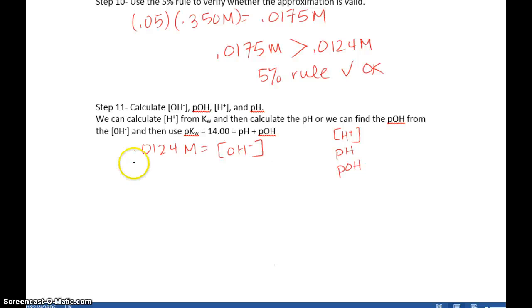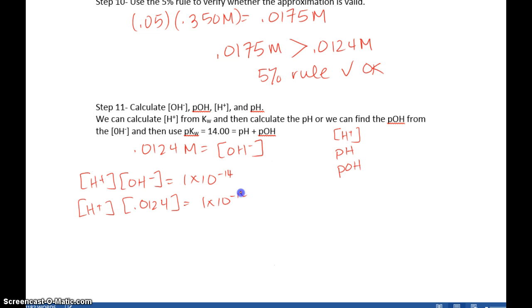Okay? So to solve it, what I'm going to do is I'm going to do H plus times OH minus is equal to 1 times 10 to the minus 14th. I'm going to solve for my H plus. And I get an H plus, which is equal to 8.06 times 10 to the minus 13.